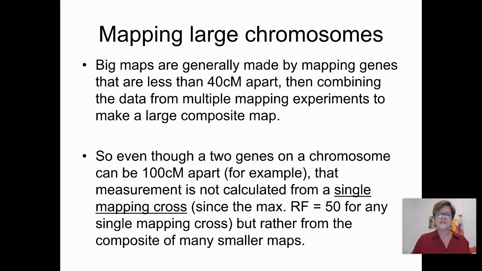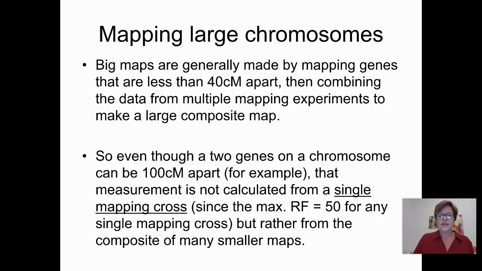A human chromosome, for example, is about 100 megabases, so about 100 centimorgans on average. You can't map two genes at the opposite ends of a chromosome with a single set of data. You would have to map gene A to gene B, then gene B to gene C, and then gene C to gene D, and link together, no pun intended, many maps to come up with a map of the entire chromosome.